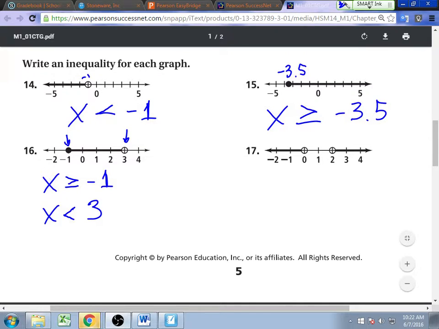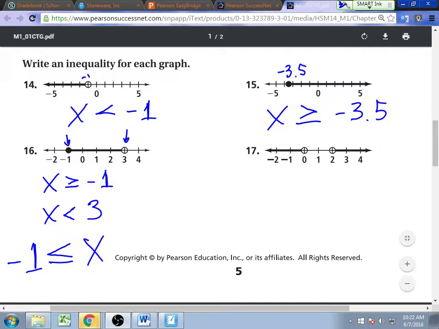Now what I can do is write this together, but to write this together, I have to start with my lower value. So I start with -1. Is -1 less than my range or greater than my range? Well, it's on the bottom end. It's less than the range of values, but it's also equal to. Any questions on how I said that -1 is less than or equal to the range that I have shown there?